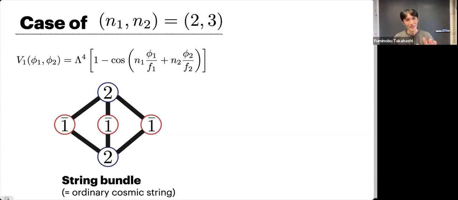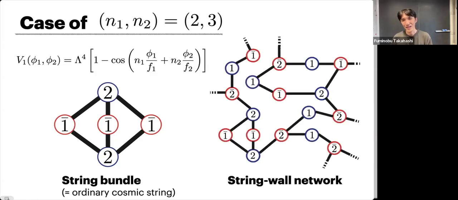But because the network is a bit more complicated than before, instead of writing the field configuration, you could also draw this kind of a string wall network. Okay? Phi1 strings and phi2 strings are connected to each other by domain walls, but they are not isolated. They rather form a network, not isolated objects.